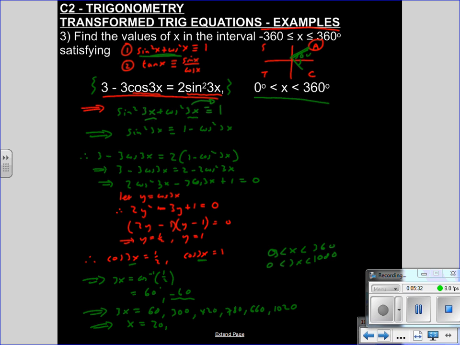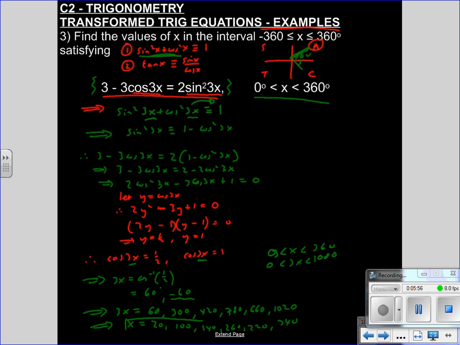To finish off, just divide everything by 3 and you'll have it. So 780 divided by 3 is 260, 660 divided by 3 is 220, and 1020 divided by 3 is 340.